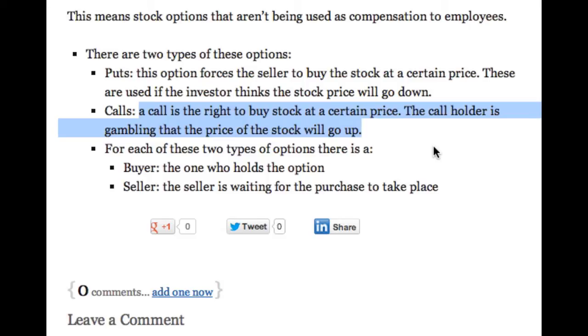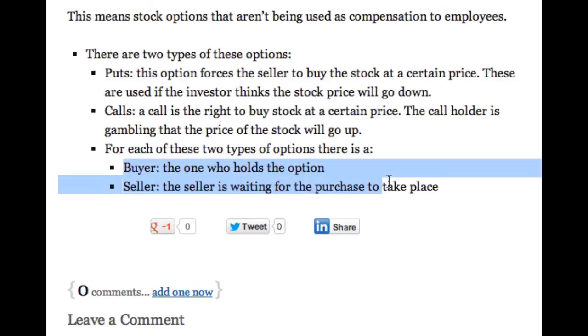So if their option is to buy stock at $60 per share and it goes up to $80 per share, they can buy shares at $60 a share and instantly make a $20 gain per share. Again, the buyer is the one who holds the option and the seller is the one waiting for that option to be exercised.